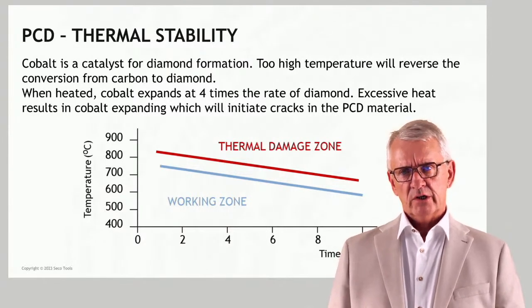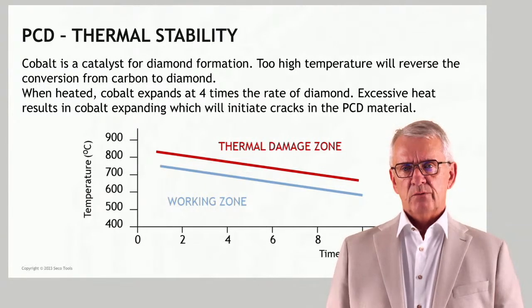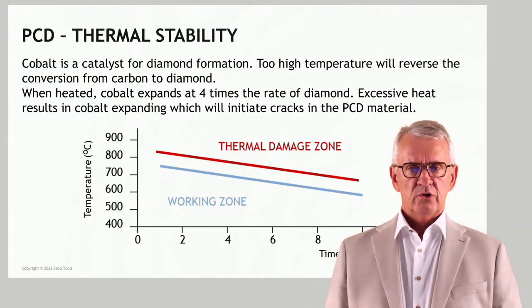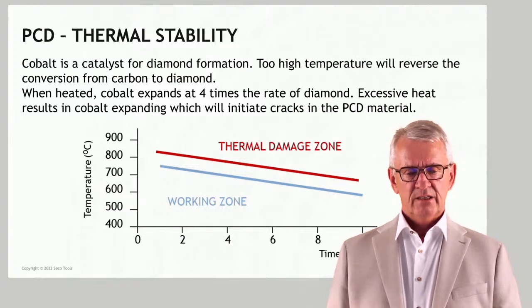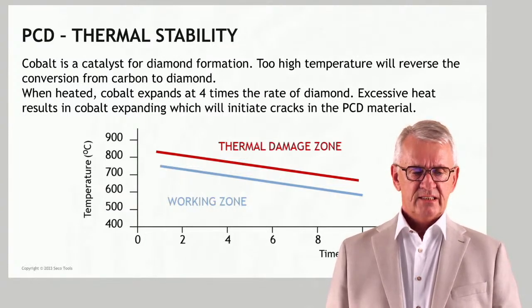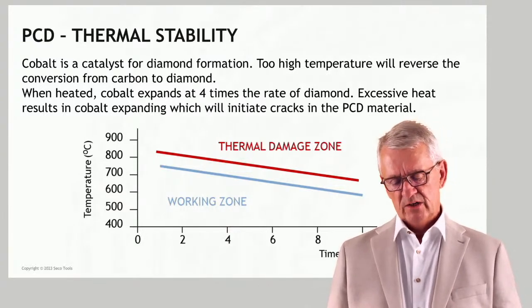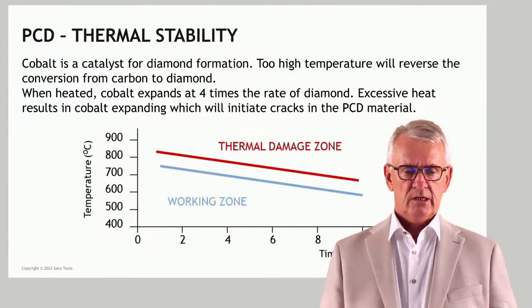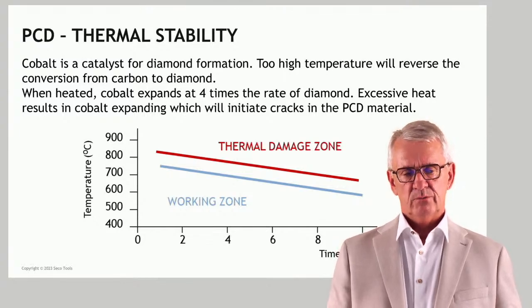But when you have longer cuts, you have to be very careful. And that is what is indicated here with the blue line, the working zone. You have to make sure, depending a little bit on your time in cut, that the temperatures do not go up too high, especially when you have iron in a workpiece material that could interact with the carbon in diamond.